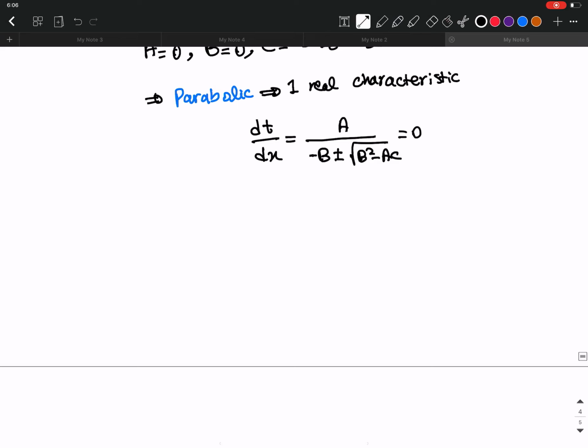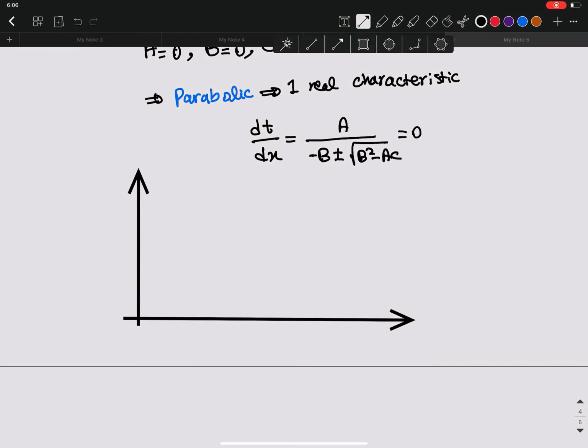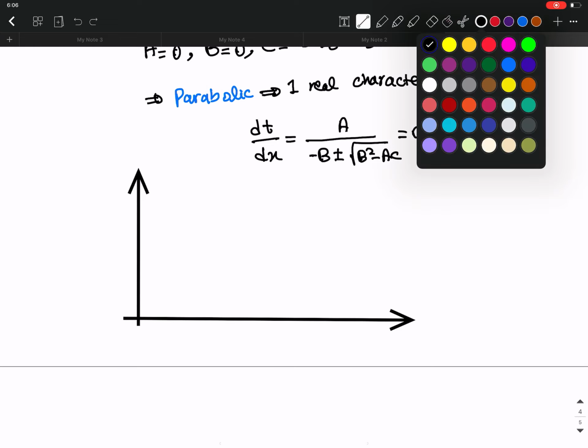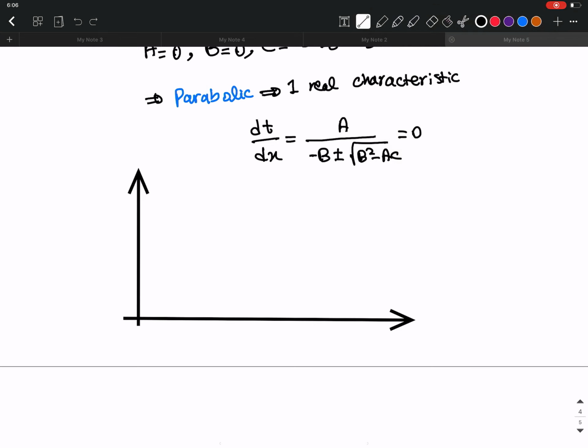Okay, so let me draw it here. So this is x, this is x equals L, this is x equals 0, and let me now draw the characteristics.